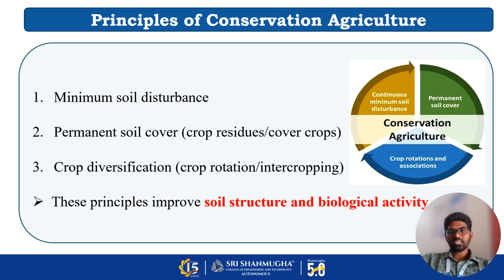Permanent soil cover means the crop residue or cover crop is continuously kept above the soil surface, by which we can reduce erosion, conserve moisture, and improve soil biological activity. Crop diversification includes crop rotation and intercropping. By crop diversification, the soil profile is effectively utilized, pest and disease problems are reduced, and crop yield is maximized.